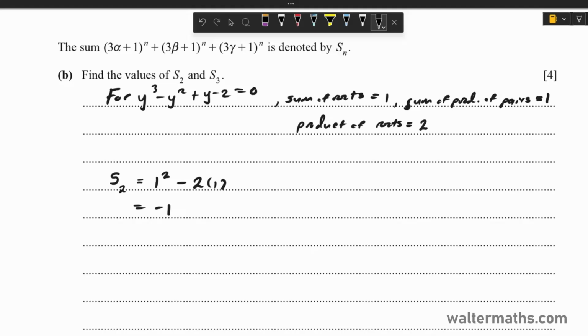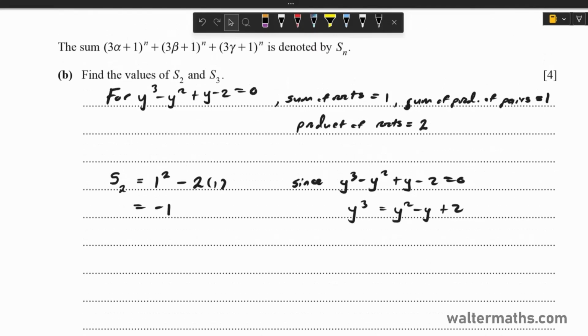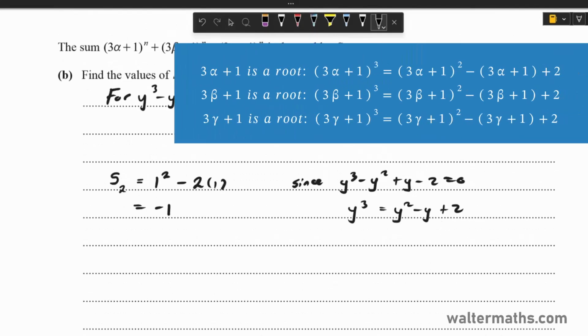Next, they say we should find the sum to 3, right? So the equation we have is y cubed minus y squared plus y minus 2 equal to 0. We can make y cubed the subject, which will be y squared minus y plus 2. Alright, and from this we are going to consider that 3 alpha plus 1 is a root, and 3 beta plus 1 is a root, and 3 gamma plus 1 is a root, so that if we add these up, we get sum to 3.